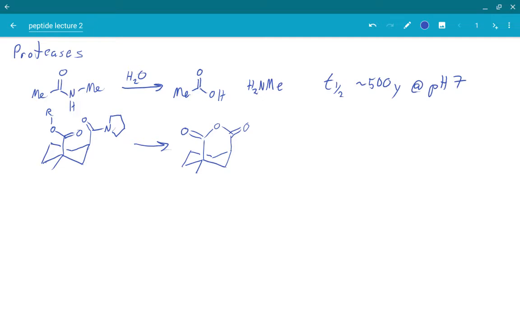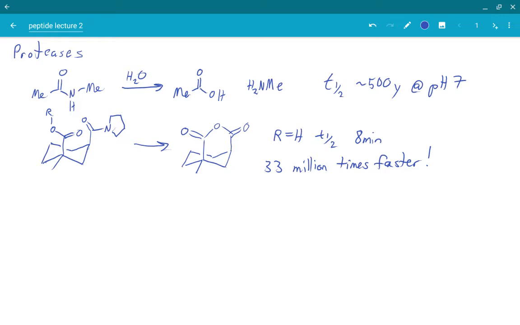We can hydrolyze that amide to give an anhydride like this. And I want to ask, how stable is this amide? It ends up having a half-life of about 8 minutes. So it's about 33 million times less stable, or more quickly hydrolyzed, than the simple amide above.